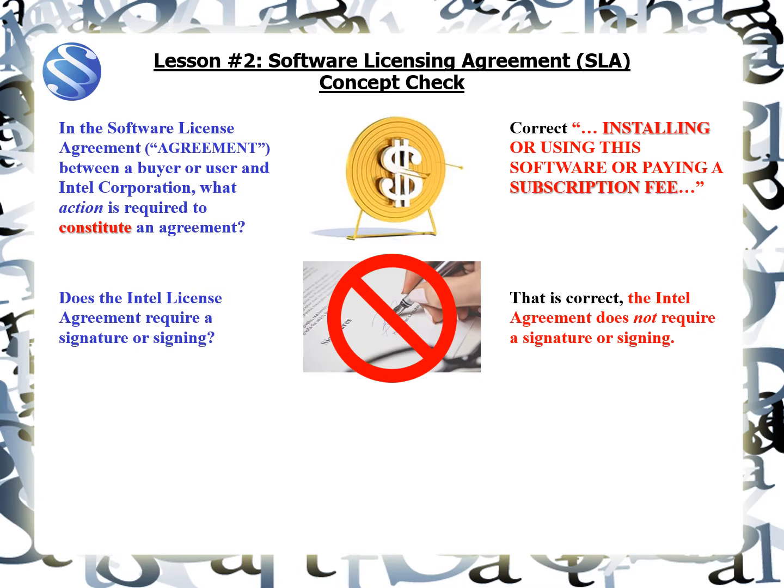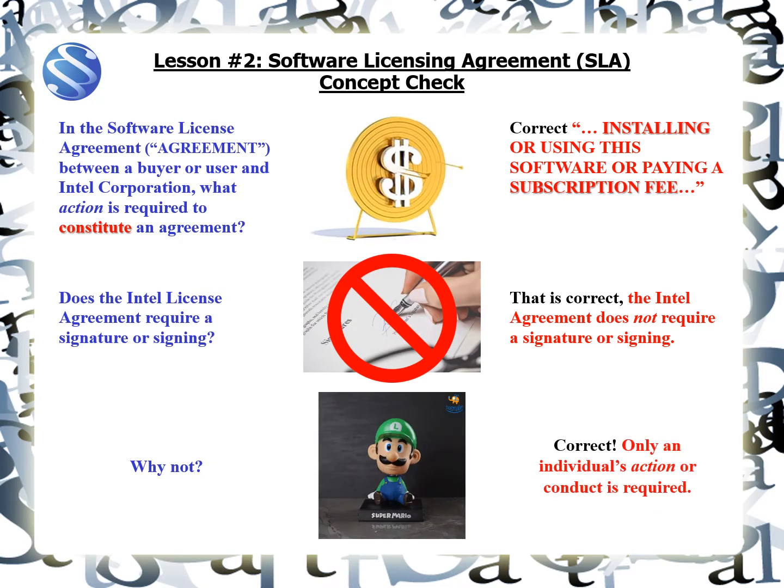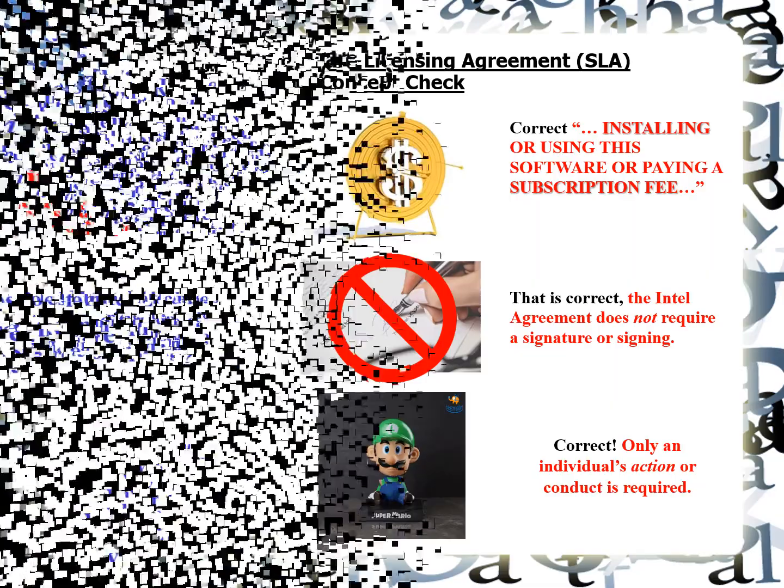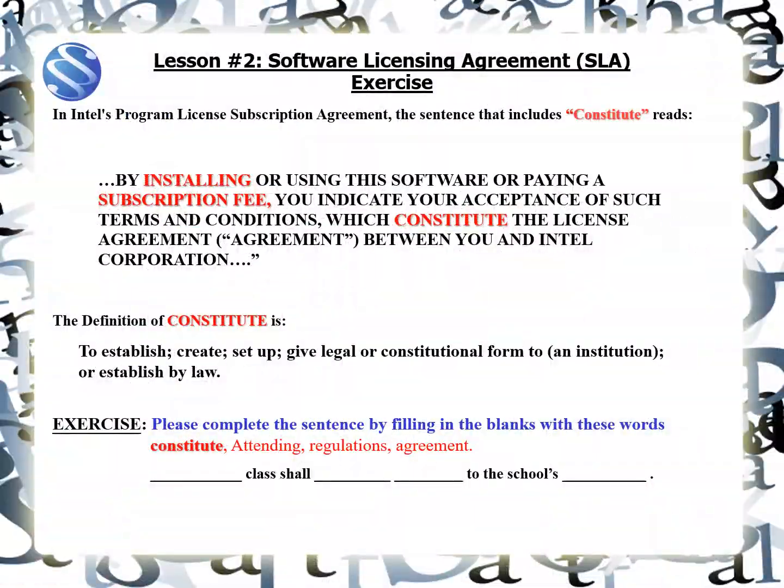No. That is correct. The Intel agreement does not require a signature or signing. Why not? Correct. Only an individual's action or conduct is required. Excellent. Now let's do an exercise for constitute.